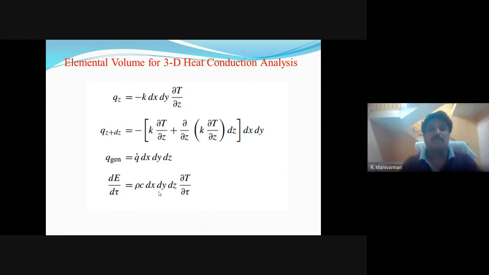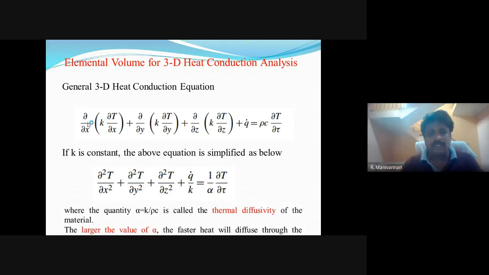Now, substituting everything in the general energy balance equation, we will get the general 3D heat conduction equation, which is ∂/∂x of k ∂T/∂x plus ∂/∂y of k ∂T/∂y plus ∂/∂z of k ∂T/∂z plus q dot equals rho c ∂T/∂τ.